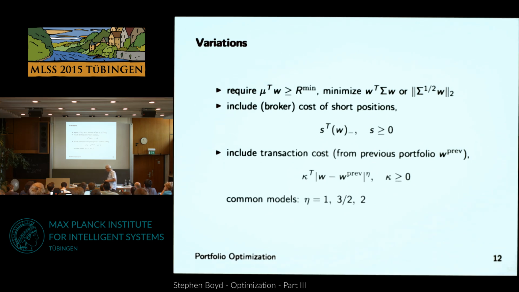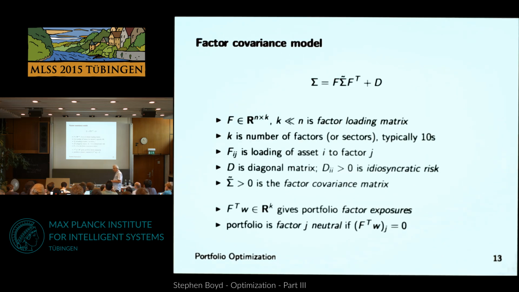There's a lot of things you can do. Okay. Now, you asked, how do you estimate a 10,000 by 10,000 matrix? And the answer is they don't. The way it's done is they use a factor model. A factor model looks like this. The covariance matrix is going to be a skinny matrix F. Not that skinny. It might be, let's say, 10,000 high. Well, it's skinny, okay? And maybe 50 across or 80 across, so you'd have 80 factors.